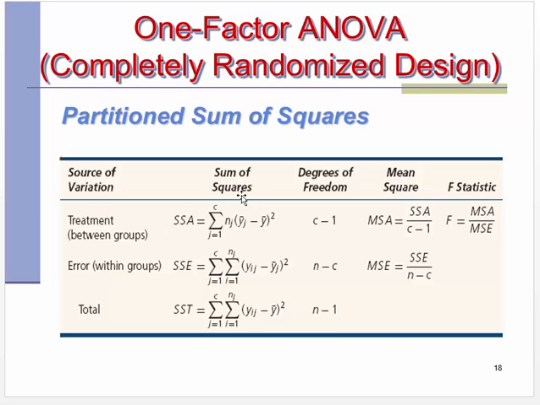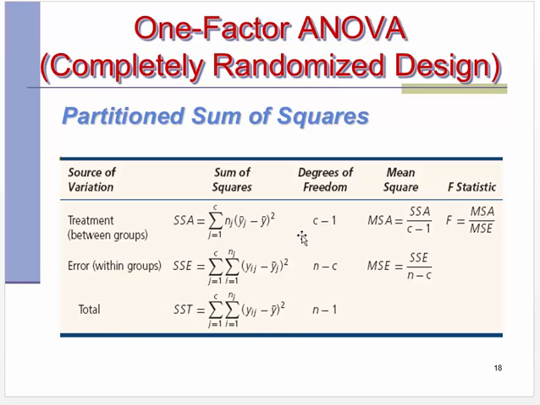You have SSA, the between groups treatment sum of squares, and within group error, SSE. You add these two together and you get SST, the sum of squares total.